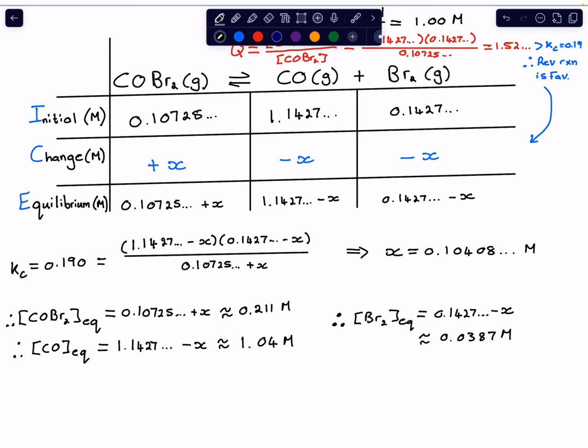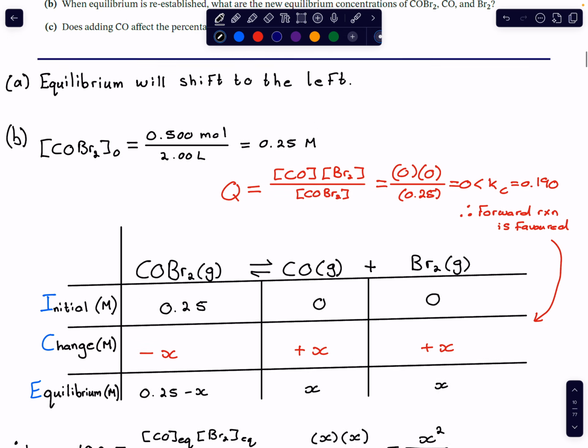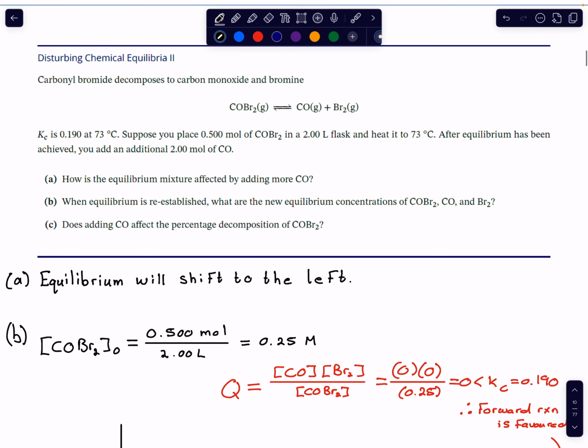So that's what happens to B. And then finally C. Does adding carbon monoxide affect the percentage decomposition of the carbonyl bromide? Short answer, yes. It does affect the percentage decomposition because the equilibrium shifts to the left, right?